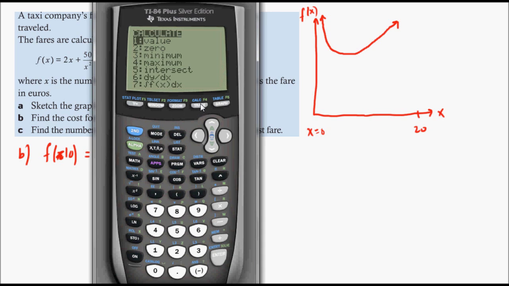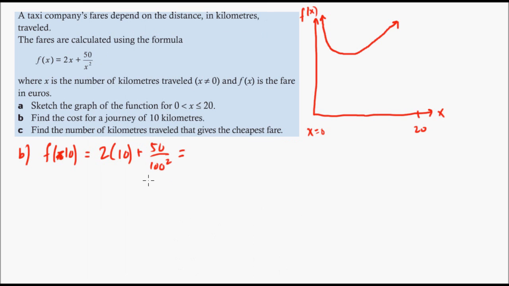So I'm going to go second, calculate, value when x equals 10. And it's 20.5. No wonder, because it's 10 squared, not 100 squared, you dingbat. So I was going to be like, what? Okay, so it's 20.5, and that's euros. So give the euro symbol. Okay, great euro symbol there. Sorry for all the European people who use euros and are offended by that.